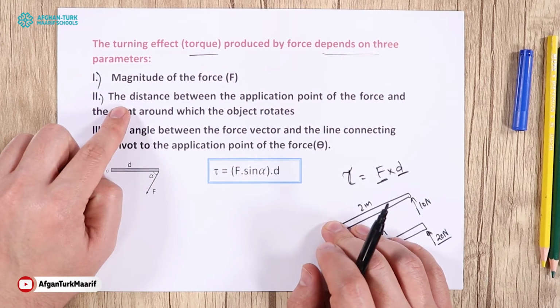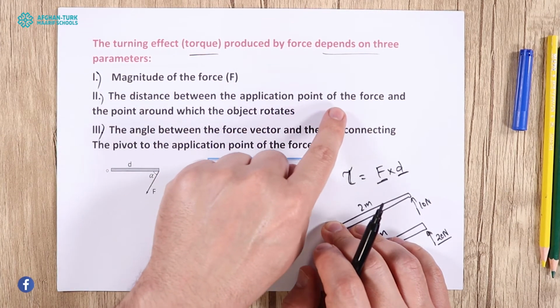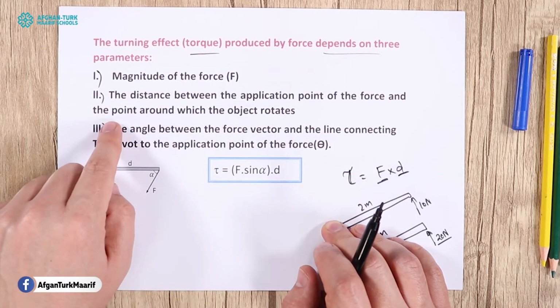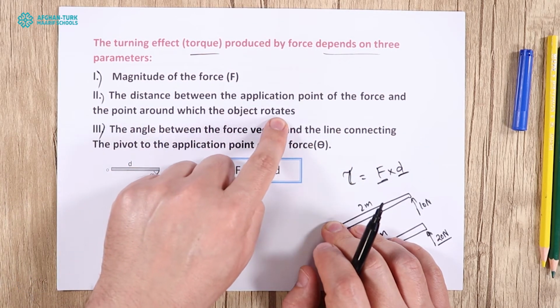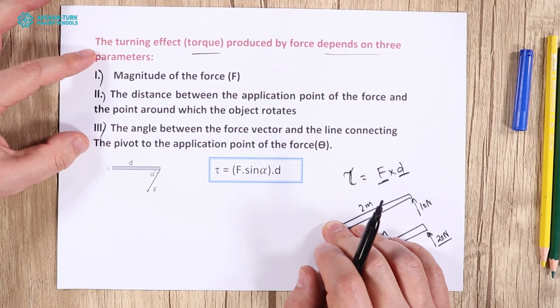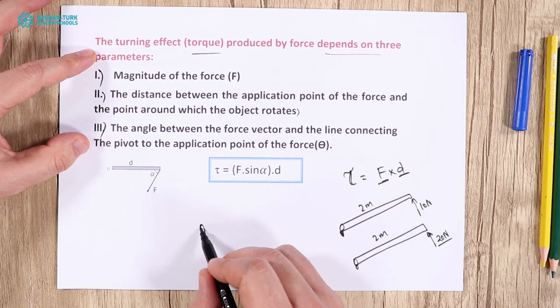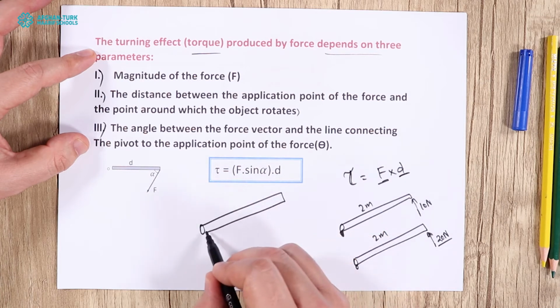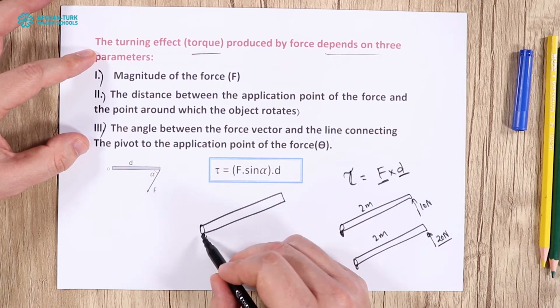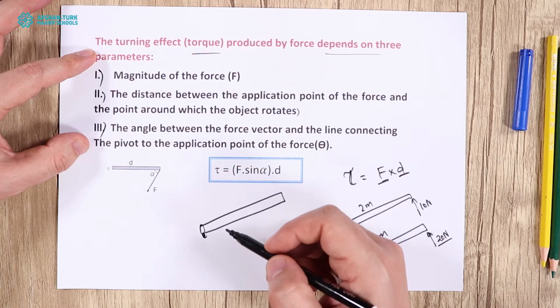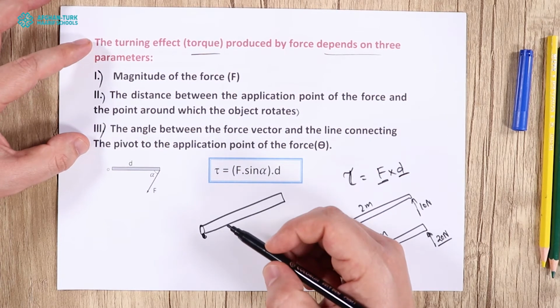Okay, the next one: the distance between the application point of the force and the point around which the object rotates. What is the meaning of this? I told you the turning point, this point, is called the application point or turning point.